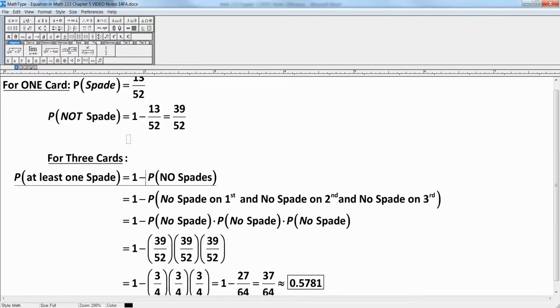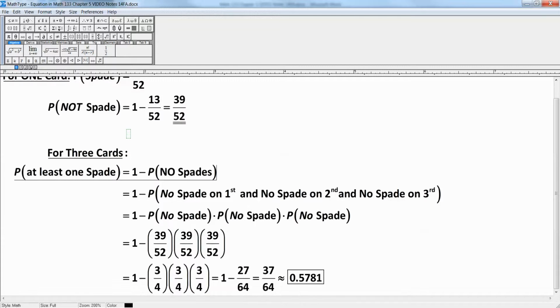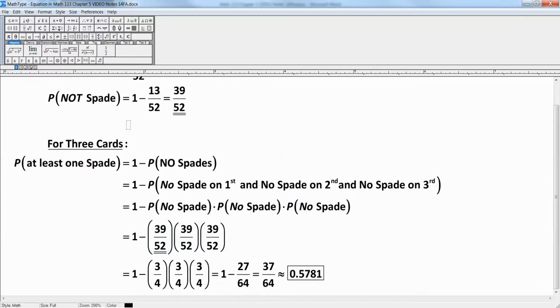Well, I want no spades, so I don't want a spade on the first one, I don't want a spade on the second one, don't want a spade on the third one. What I'm setting up for you up here with this 39 over 52 business is I'm explaining to you where I got the 39 out of 52 right here. I get that from the fact that I want the first card to not be a spade and the second card to not be a spade. So that gets underlined. And then the third one to not be a spade.